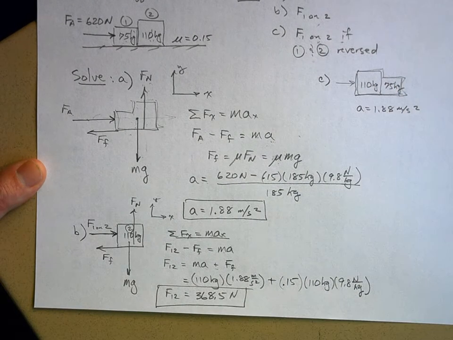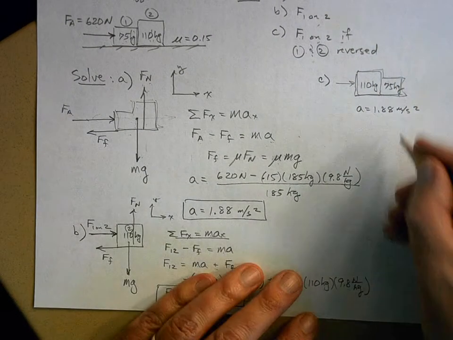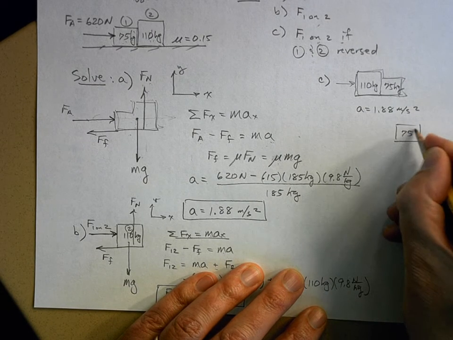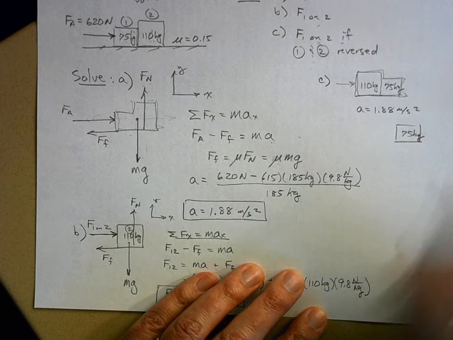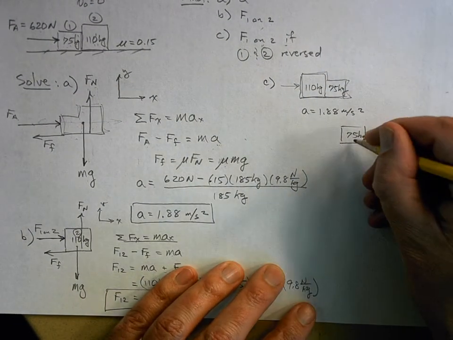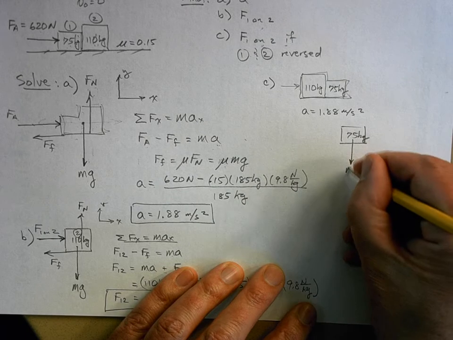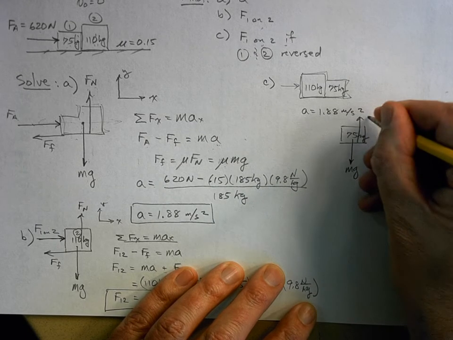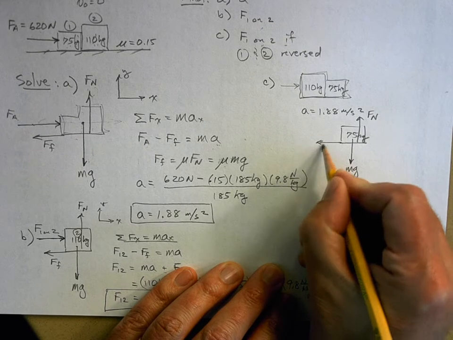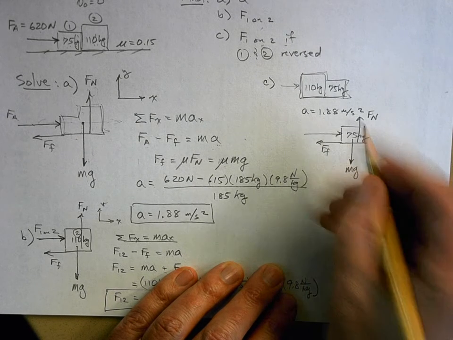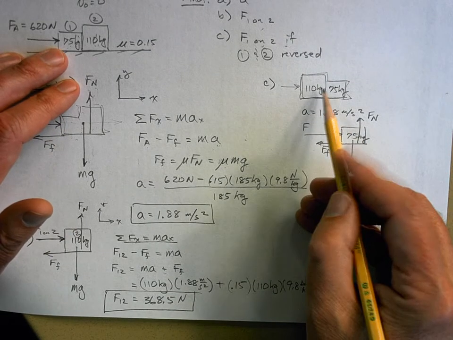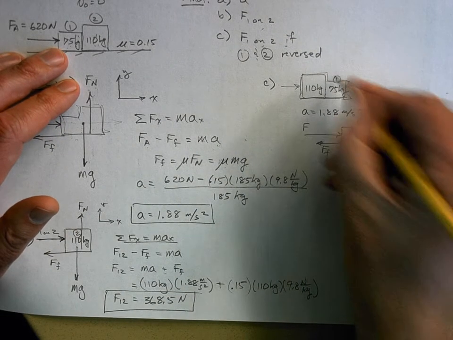So I'm just going to do what I did before, but now I'm going to draw a free body diagram of the 75 kilogram crate. And so it's got mg, and the normal force, and the force of friction, and this is the force of, let's see, this is object 1, and this is object 2.